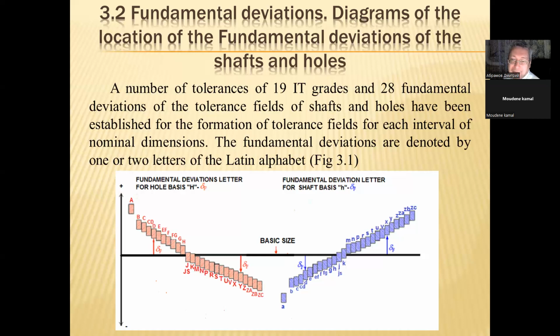The fundamental deviations are denoted by one or two letters of the Latin alphabet, like in figure 3.1: A, B, C, D, E, F, G, H, J, K, M, N, P, and other letters.